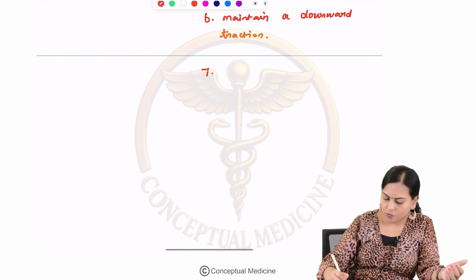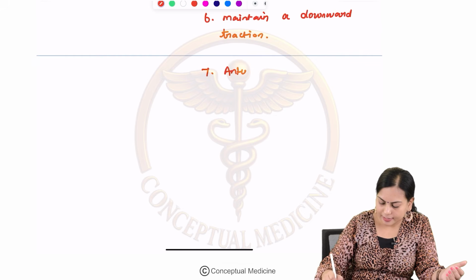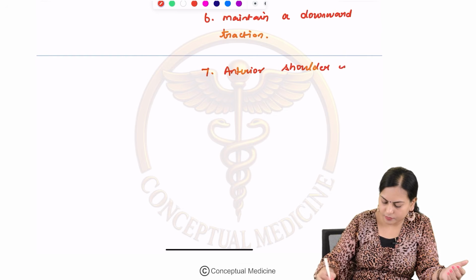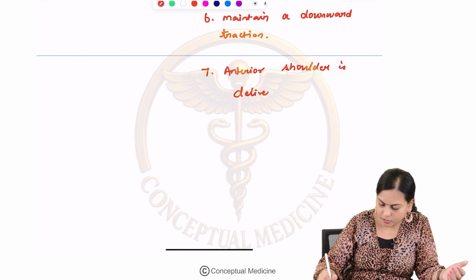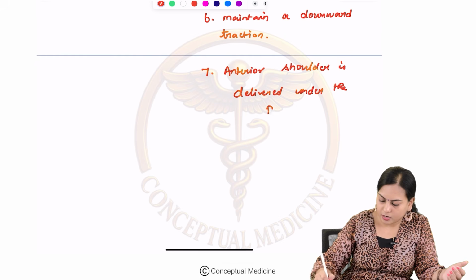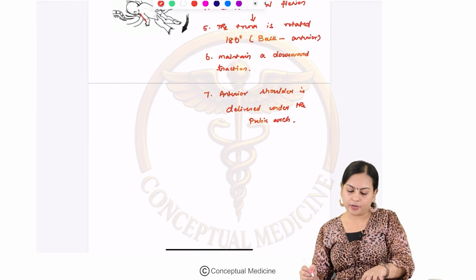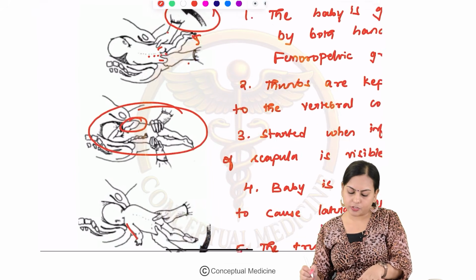So what happens is, the anterior shoulder is delivered under the pubic arch. Clear? I hope you understood this with this picture.